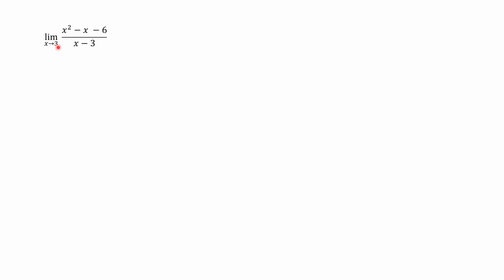If you remember from our previous videos, the first thing, almost always, you should try to find the limit of any function is to plug in and see if you get a number. So let's plug in 3 everywhere x appears and see what happens.